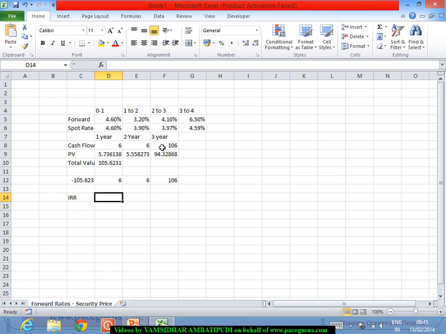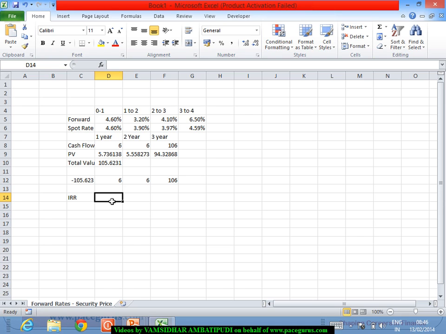Now forget about the various rates, the spot rates and forward rates, where each cash flow is discounted by a different percentage. I'm not bothered about all those things now. I'm only looking at, if I have to pay 105 today to achieve these cash flows, what is the overall return during this process? That IRR, which we compute without considering different rates for different periods, is what we call the gross redemption yield.